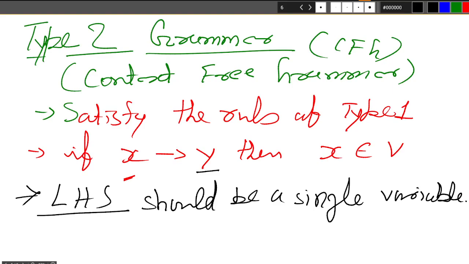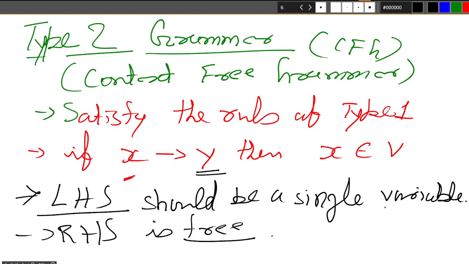What about the right hand side? The right hand side is free. RHS is free. There is no problem. We have a restriction only for the left hand side, which should be a single variable only. This was the story of type 2 grammar.